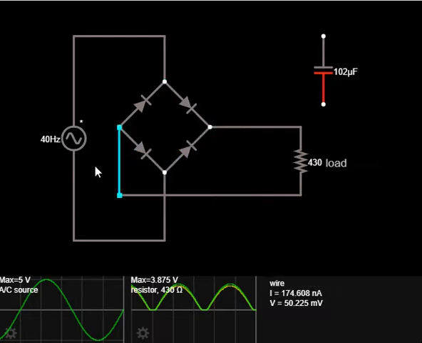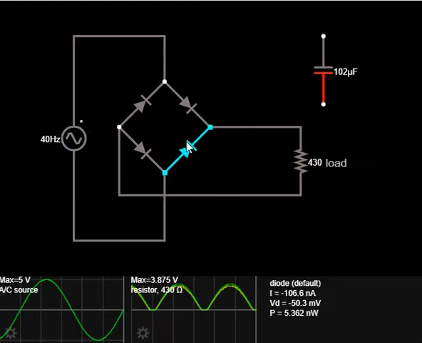So in the first positive half cycle the current path will be this, this and this. So you can see here this diode and this diode will be in forward bias, and this will be in reverse bias. And in the negative cycle what will be the current path?